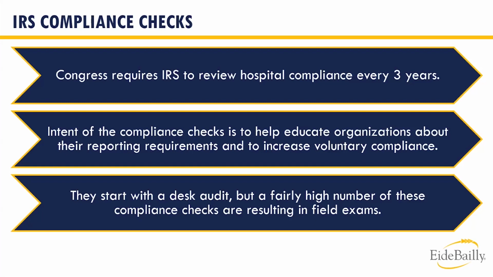They're going to pull your 990. They're going to pull up your website. They're going to check the boxes to see that you have the community health needs assessment and the implementation strategy on your website. They're also going to check for the other components of 501(r) that are required to be on your website. They're going to read the narratives that are in your 990 to see how you're describing what you're doing.